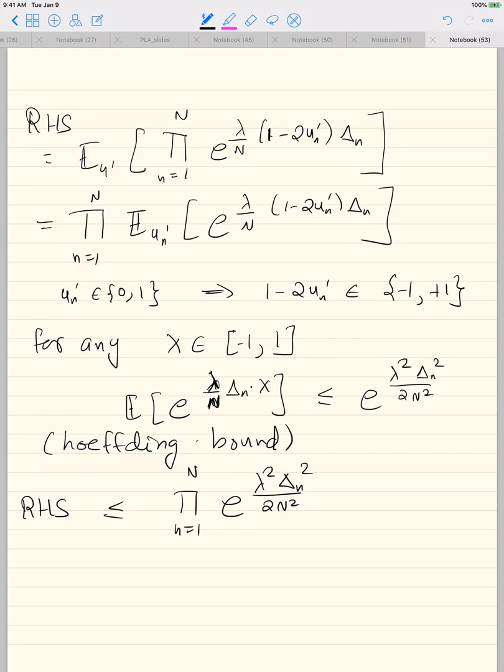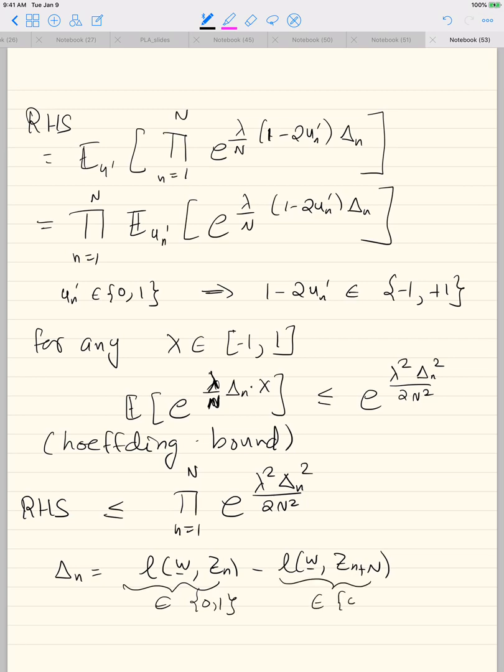Now note that since the loss function delta n is L of w zn minus L of w zn plus capital N, and this is between 0 and 1, delta n square is always less than or equal to 1. Okay?